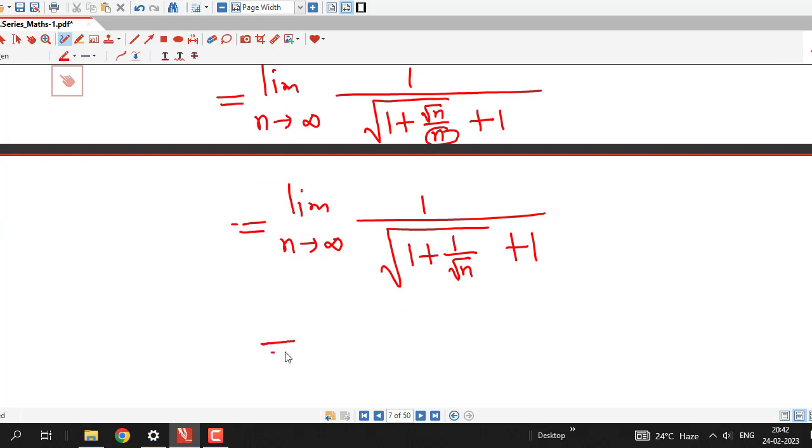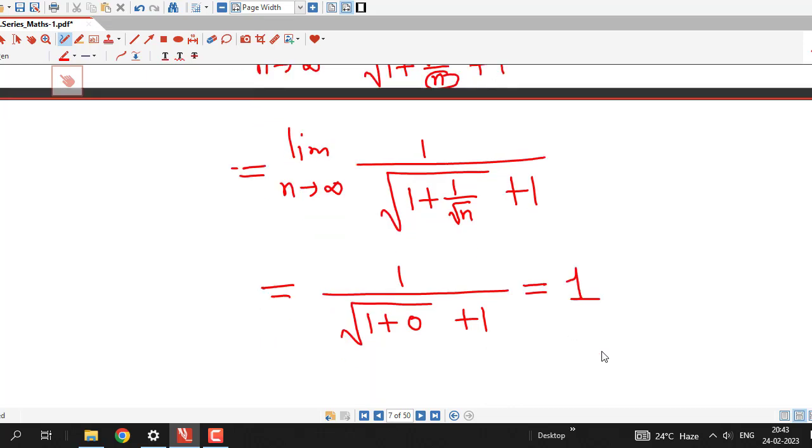And now if I take n tending to infinity, I have limit of 1 as 1, square root of limit of 1 is 1, plus limit of 1 over under root n as n tending to infinity, that is 1 over infinity is 0, and plus 1. So finally we obtain 1.